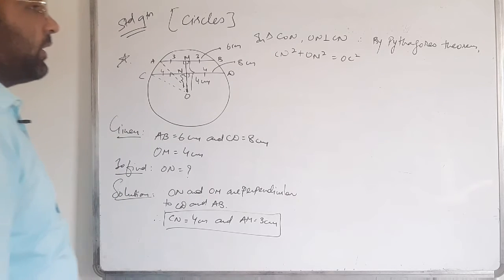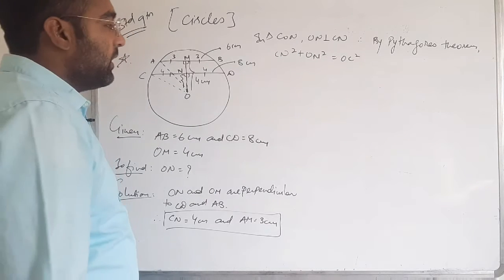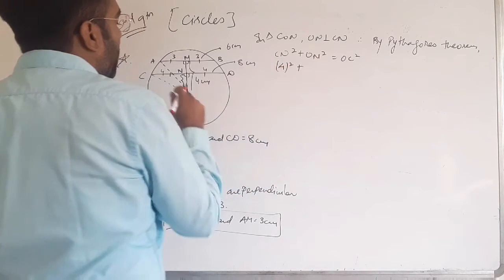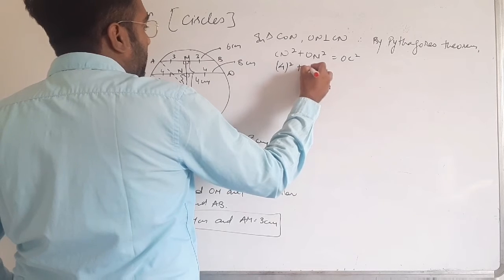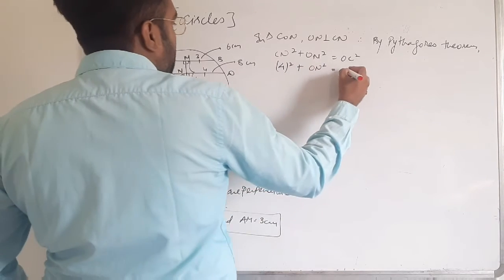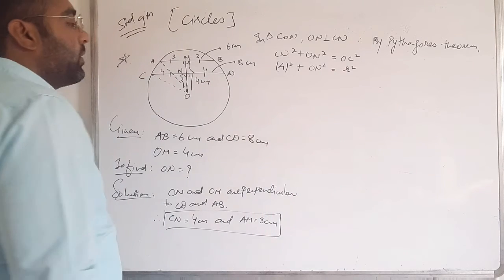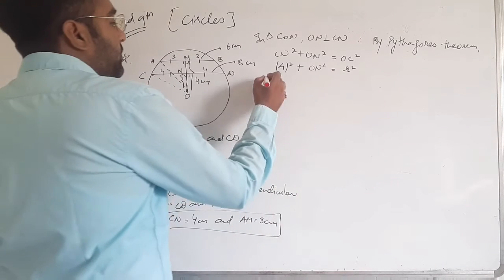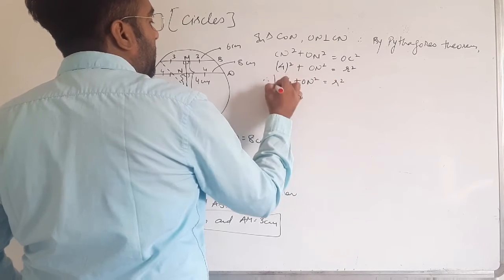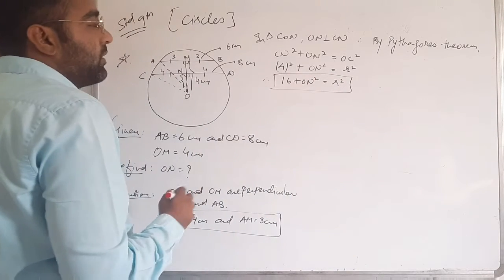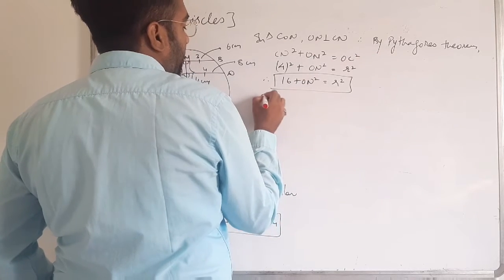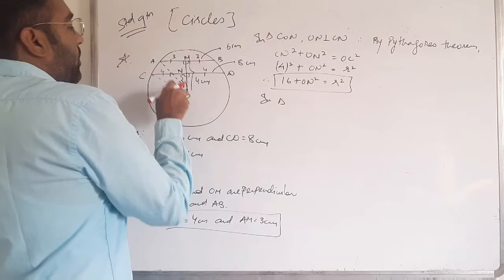Now the base CN is given as 4 square, plus ON, which is not given, we need to find ON square, equal to OC, the radius of the circle, so I'll write R square. Therefore 16 plus ON square equals R square. This is my first equation. Now I'll also write it for triangle OAM.